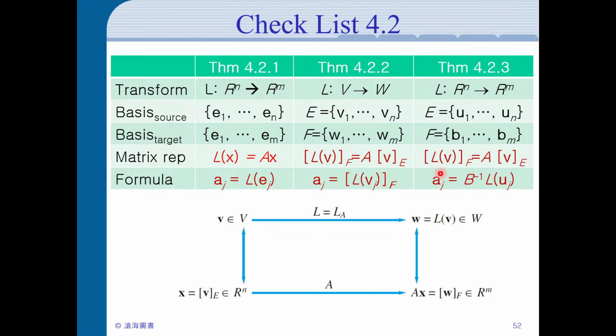So for every basis E and F you choose, you get a different matrix A. Then you might ask: is there some relationship between those different representations of A that is related to the different bases E and F?